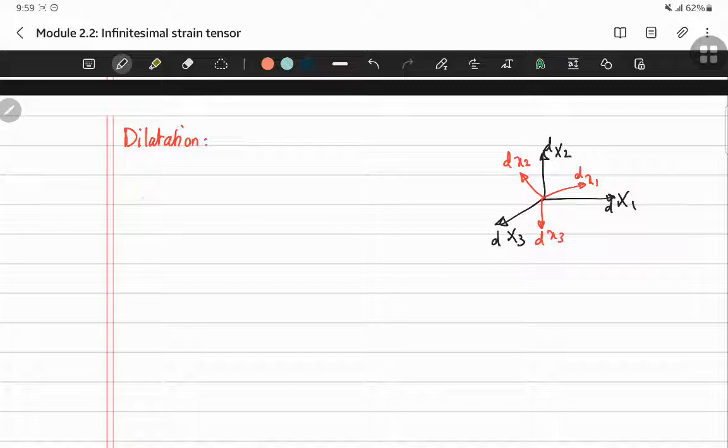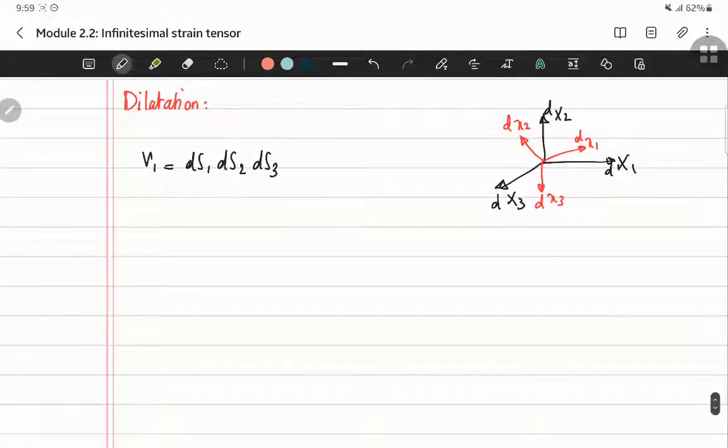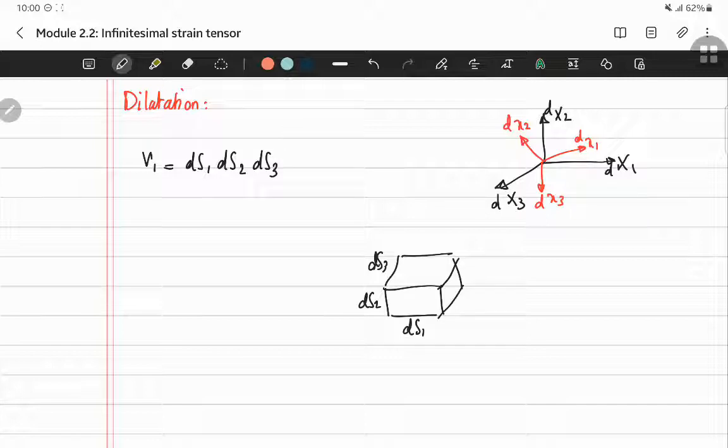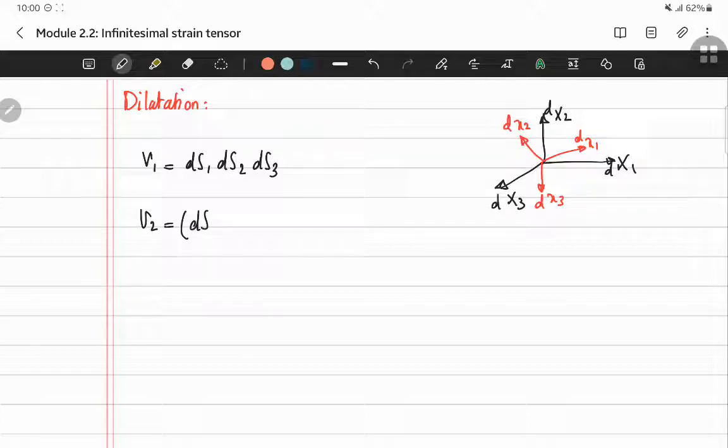Here V1 is ds1 ds2 ds3, the same as the initial values. We simply multiply these, and V2 is nothing but ds1 plus ds1 times e1, because it expanded. You have this principal strain because you had three principal directions which were mutually perpendicular.